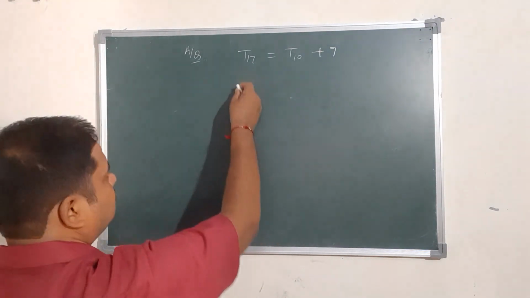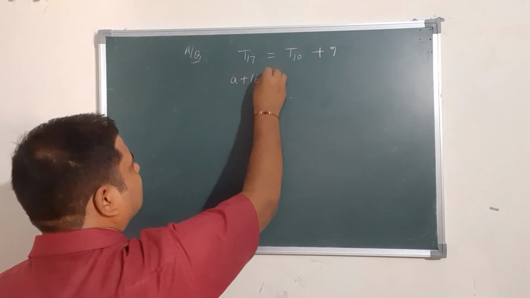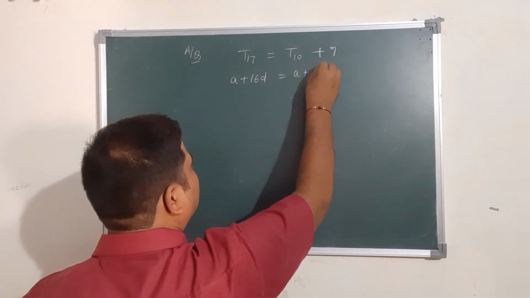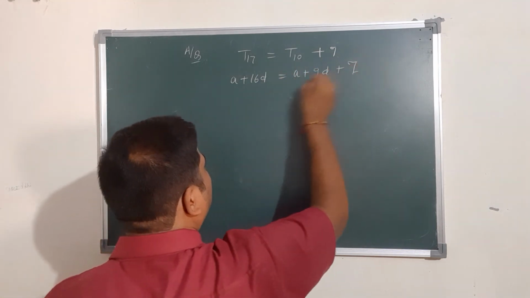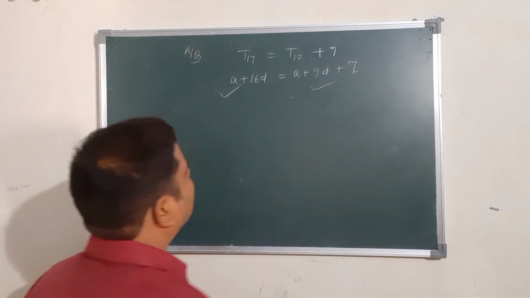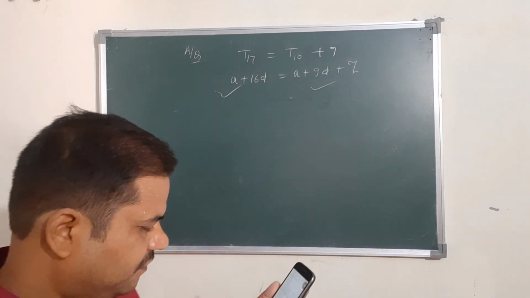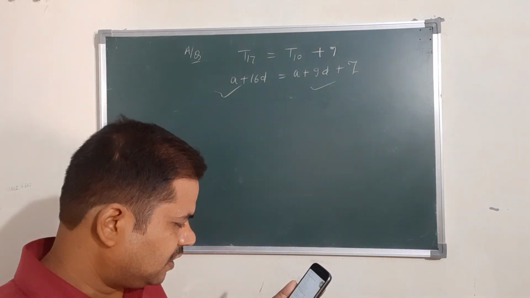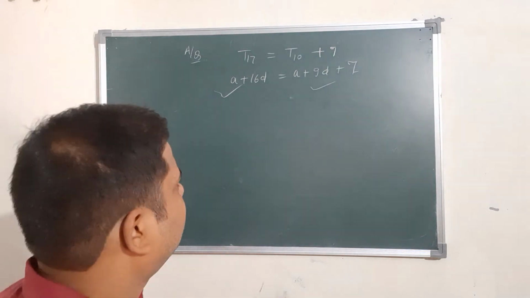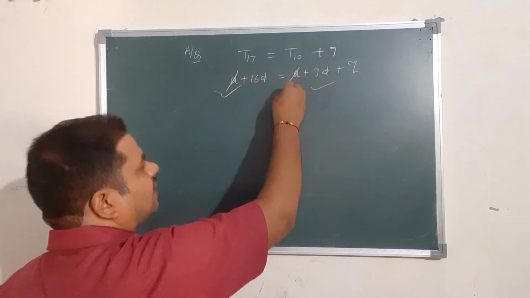And now you have to solve it. A plus 16D equals A plus 9D plus 7. You just solve it, you will get the value of the common difference.